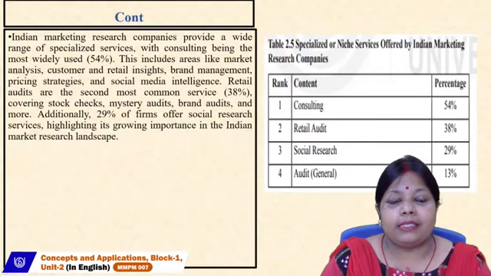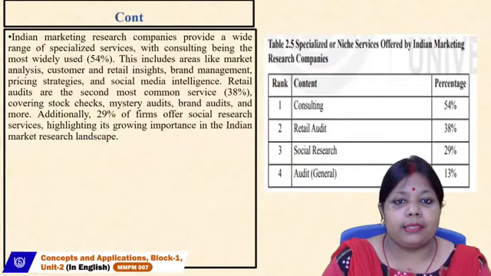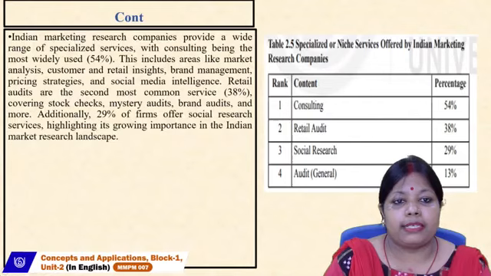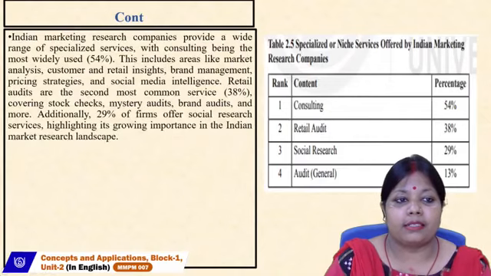So Indian marketing research companies provide a wide range of specialized services, with consulting being the most widely used, that is 54%. It is clearly reflected here in table 2.5. This includes areas like market analysis, customer and retail insights, brand management, pricing strategies, and social media intelligence.